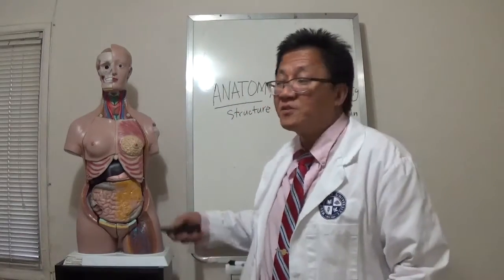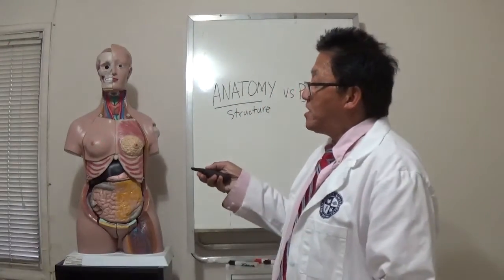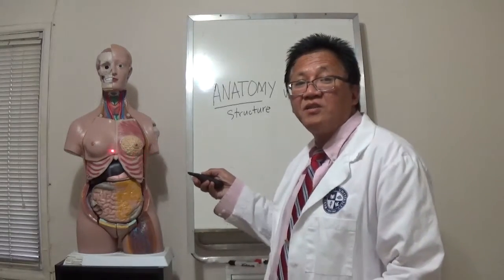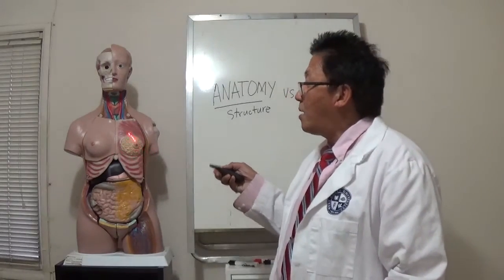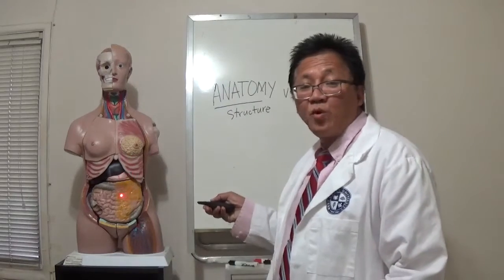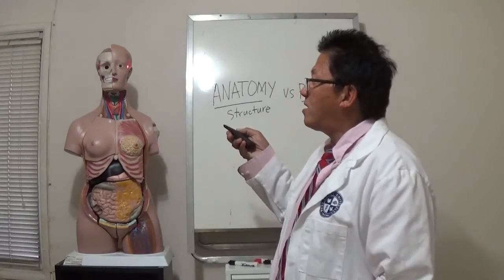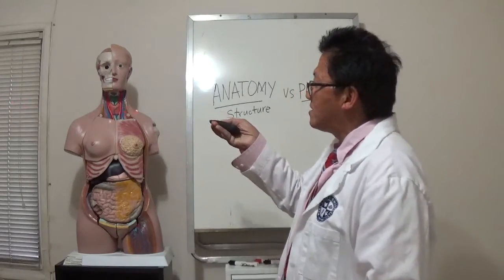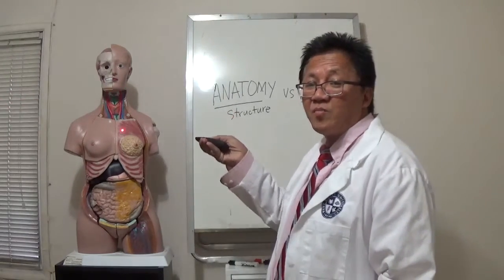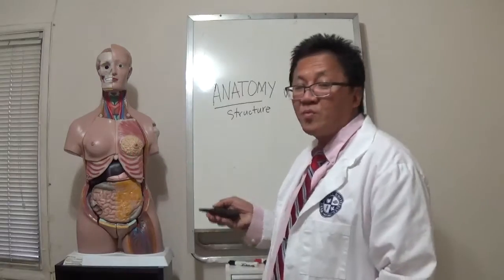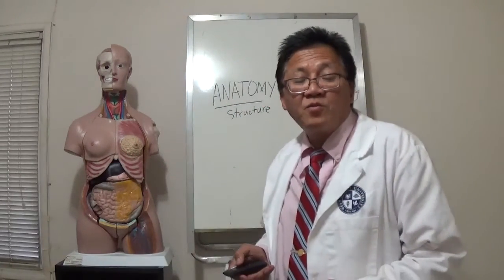So when you say transverse plane, it means dividing the body into what? Upper and lower portion, superior or inferior portion. Okay? It could be here, upper, lower. In the neck area, upper and lower portion, or here, upper and lower portion, or otherwise known as superior and inferior portion. So that's called the transverse plane.